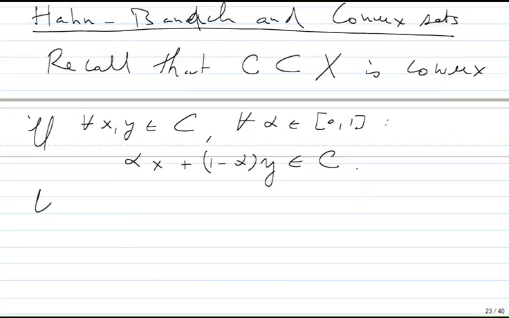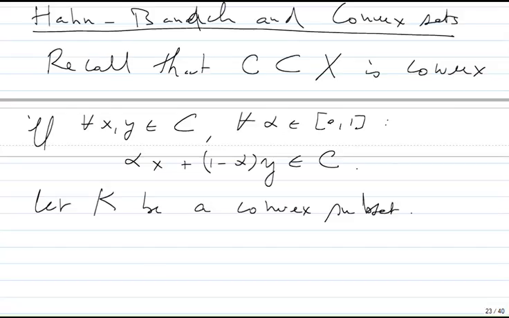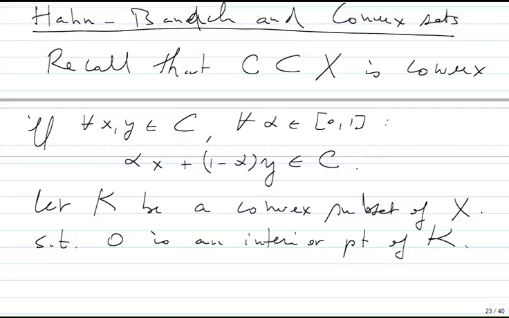Let K be a convex subset of X such that 0 is an interior point of K. One way to do this: take any convex subset of X with a non-empty interior and you can translate it to have a 0 inside.